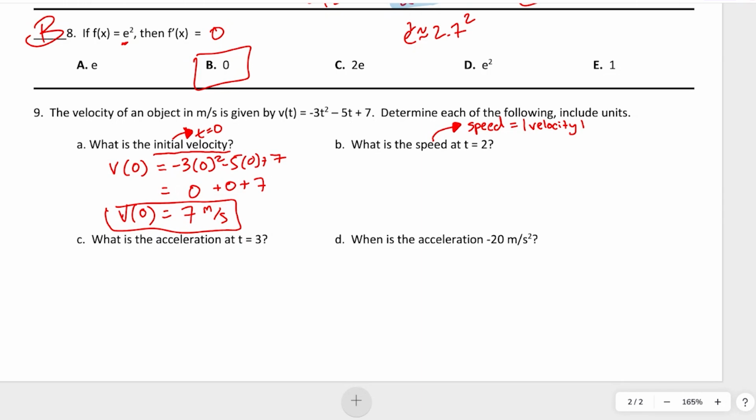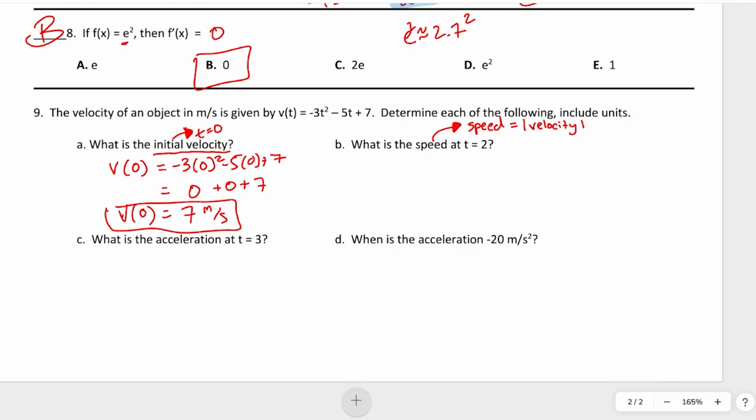So velocity is going to describe how fast the object's moving, but also give you information about whether or not it's moving to the left or to the right. Speed is just going to have the information about how fast it's moving. So it's always going to be positive. So anyway, at t equals 2, if we do get a negative velocity, we're going to have to negate that number.